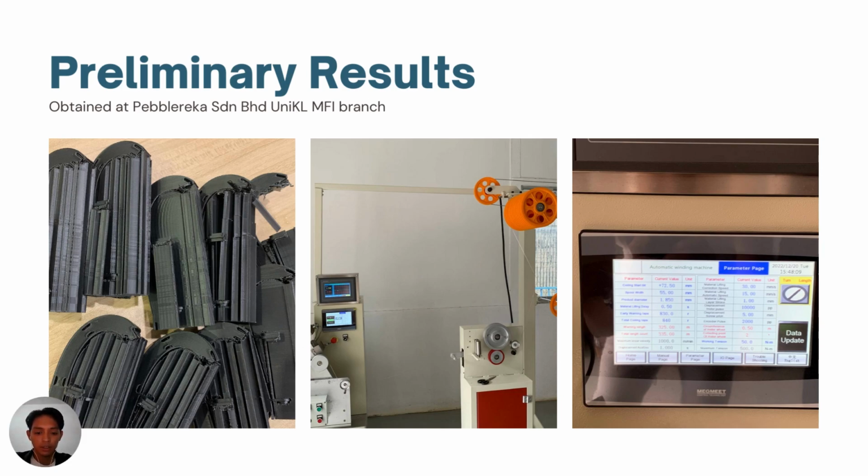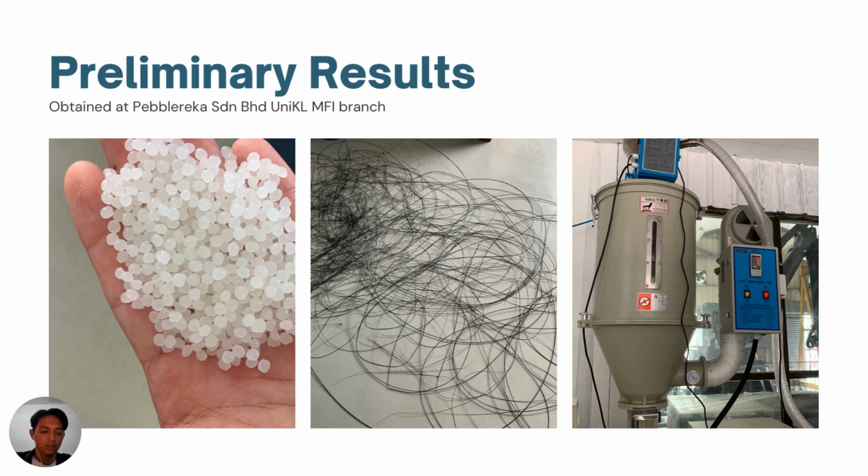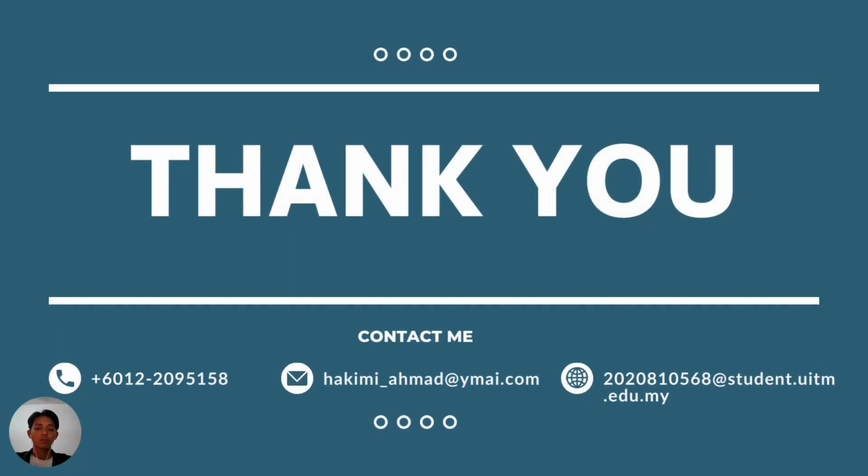Next is the size of the homogeneous pellet after pelletizing. And then the last one on the right is the melting machine before extruding the recycled filament into a new roll.